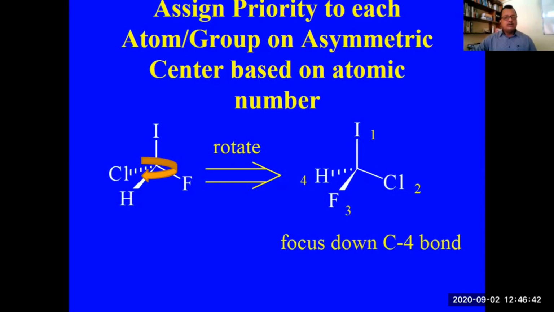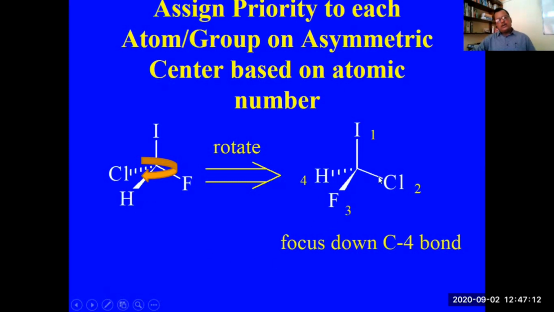So we rotate the molecule as a whole. You rotate it 180 degrees. Then this hydrogen which is in front of the plane will go behind the plane, and chlorine which is behind the plane will come in front of the plane. So hydrogen goes back, and this chlorine comes here.